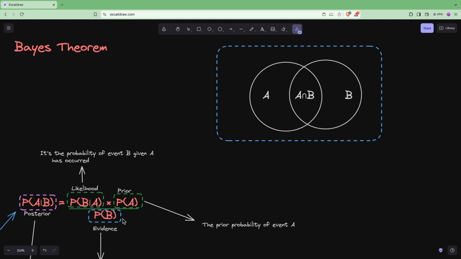Now we have to update our information, because the probability of A is not going to be the same after B has occurred, and that is what we are updating. And the sample space we are taking is nothing but the probability of B.